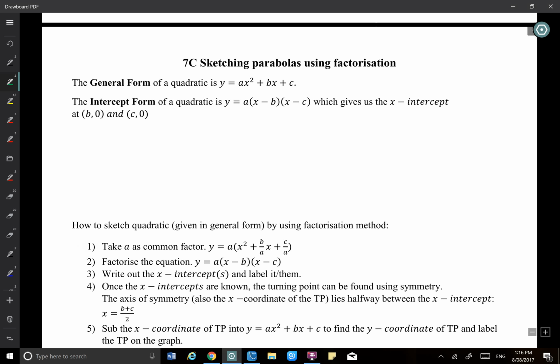Okay, so 7C is sketching problems using factorization. Factorization can lead us into the intercept form.